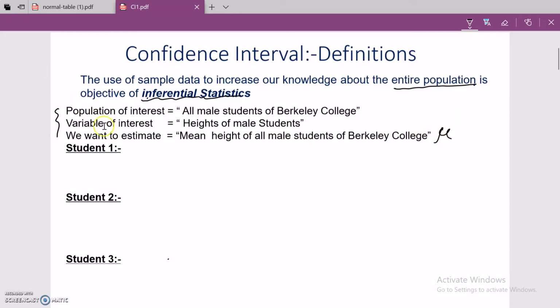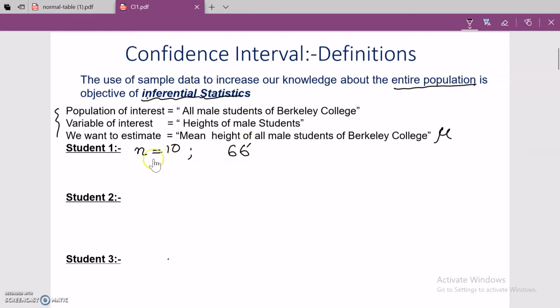The first student raised his hand and said, Professor, I have selected a sample of 10 students, and from the sample of 10 students I have an estimate. My estimate says the average height of the students in Berkeley College is 66 inches.